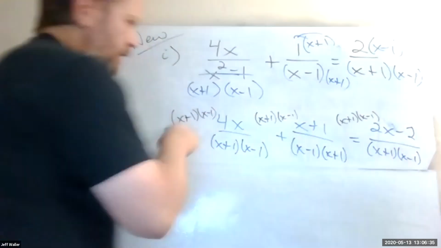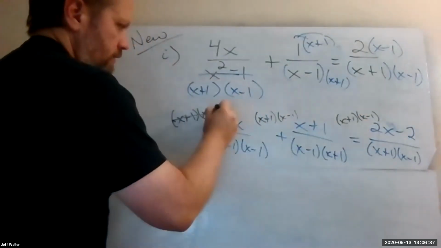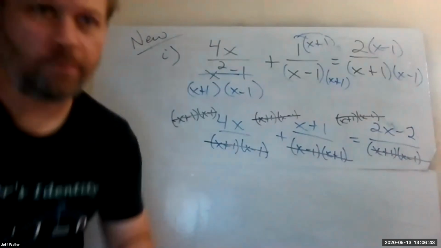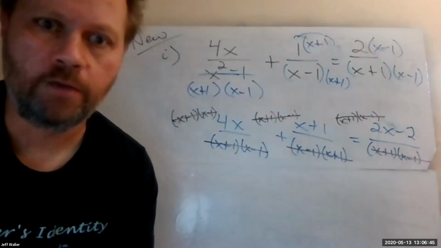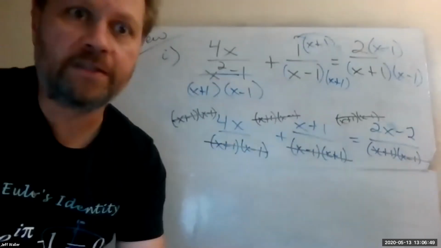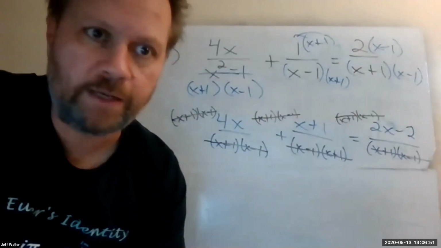If I multiply everything by that, they all cancel, the same way the 15 did. And why would I expect it to be any different? 15 is a number. Of course they're going to work the same way.